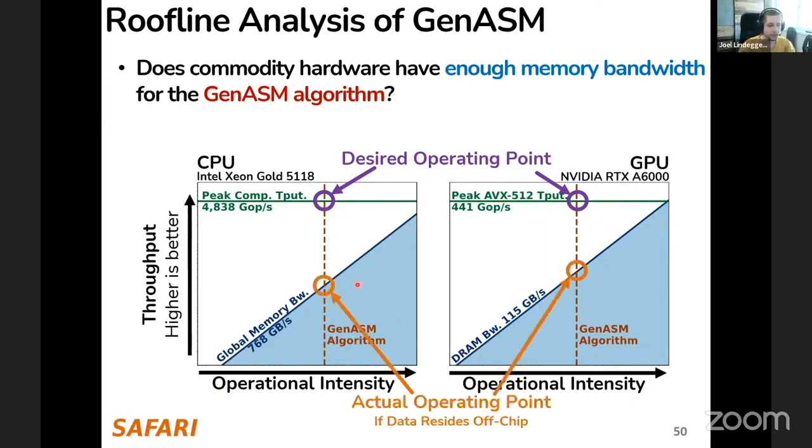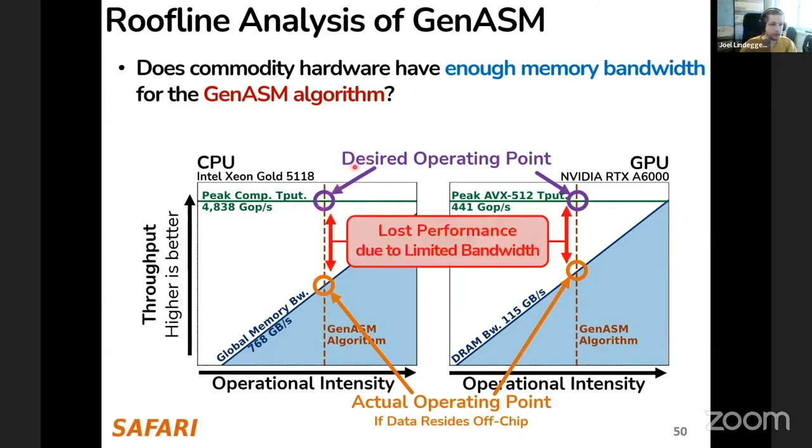So if you check here, the intersection point between the algorithm's operational intensity and the memory bandwidth is significantly below the desired operating point. So that's lost performance due to limited bandwidth.